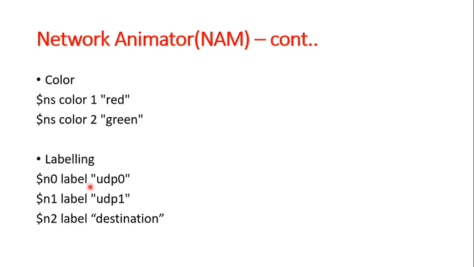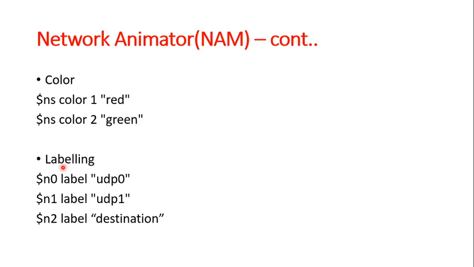For providing color, you will be using color 1, color 2, color 3, like that. Again remember, color is a keyword and 1, 2, 3 are the numbers. And remember, there is a space between color and 1. So it is color space 1, because color is a keyword, a constant, you call it a command or keyword, whereas 1, 2, 3 are the variable numbers of colors.